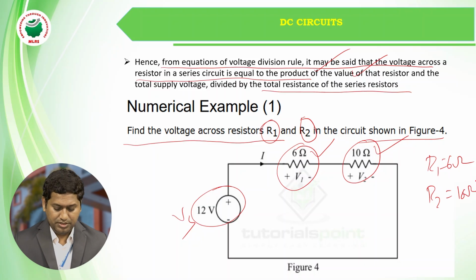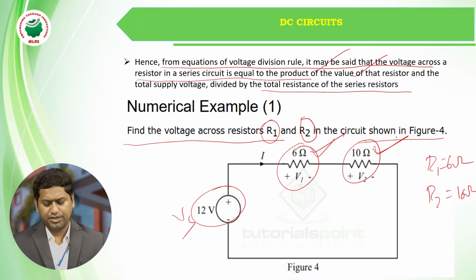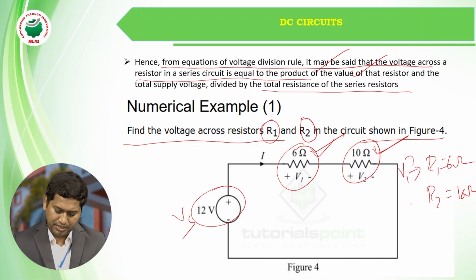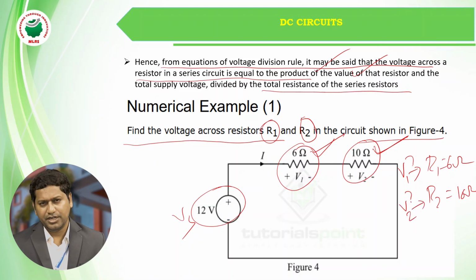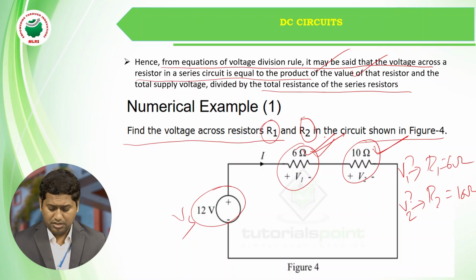Okay, so this is R1, this is R2. I need to find the voltage across R1 and R2, that is V1 and V2. V1 is voltage across R1, V2 is voltage across R2. R1 is resistor 1, R2 is resistor 2.